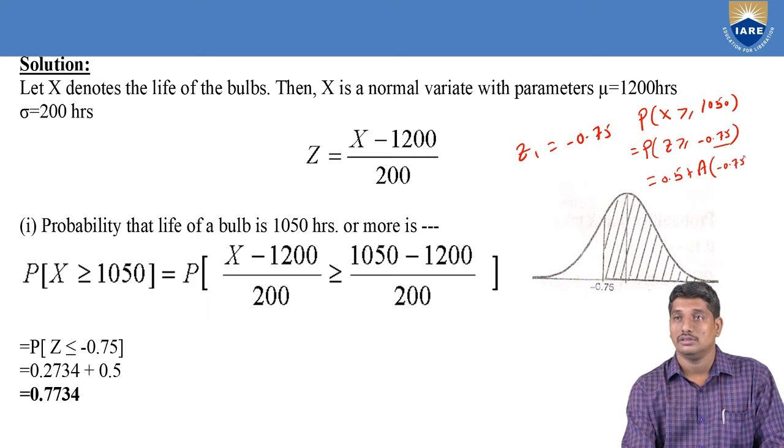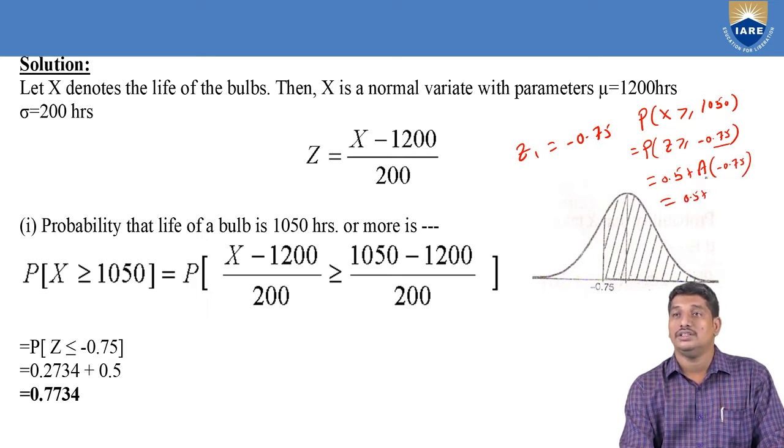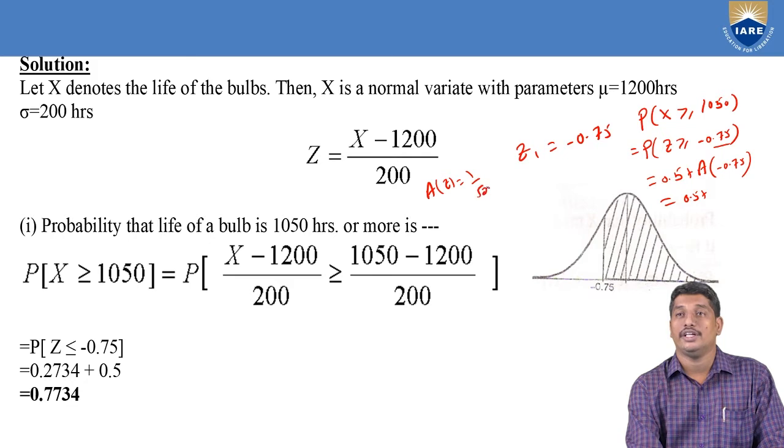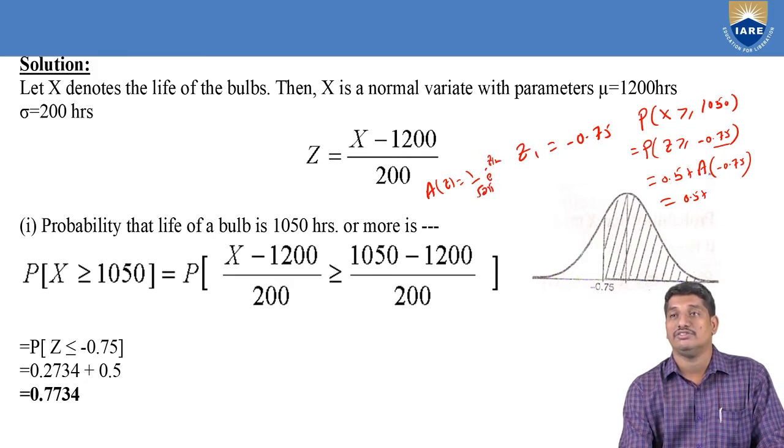We know that this function A of z is nothing but 1 by root 2 pi e power minus z square by 2, which is an even function. Even function means the minus will be absorbed, so you can write it as 0.75.